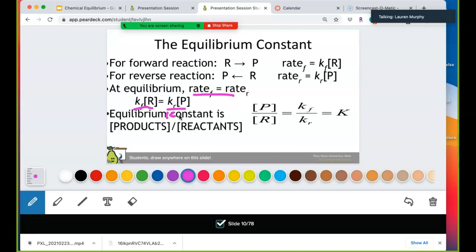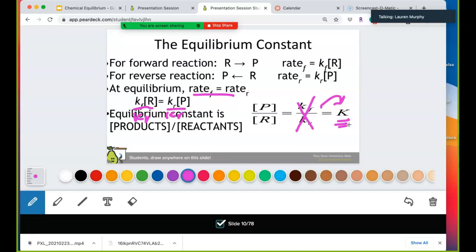They divided both sides by Kr, and then they moved the reactants down here, and they had products over reactants equals the Kf over the Kr. They said, well, we're going to call this equilibrium K, big capital K. So the equilibrium constant, capital K, equals products divided by reactants.